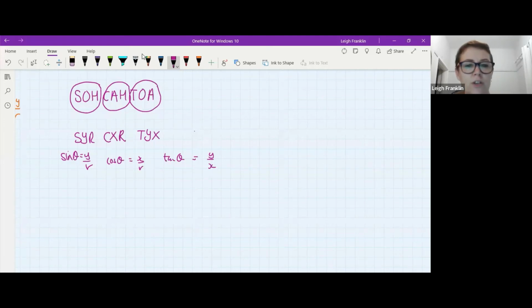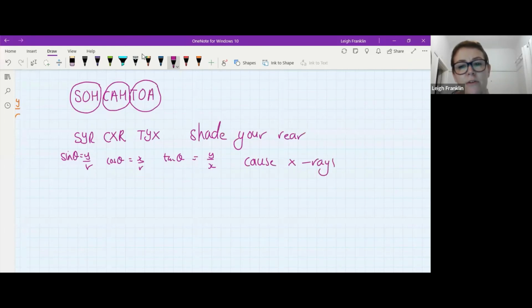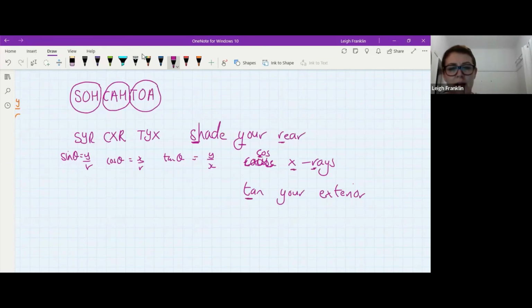And this one goes: shade your rear, cause x rays tan your exterior. So the S, the Y, the R, the C, the X, the R, and the tan, the Y, and the X. If you struggle to remember it, maybe there's an easier way to do that.